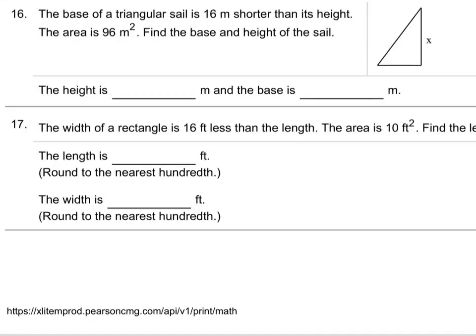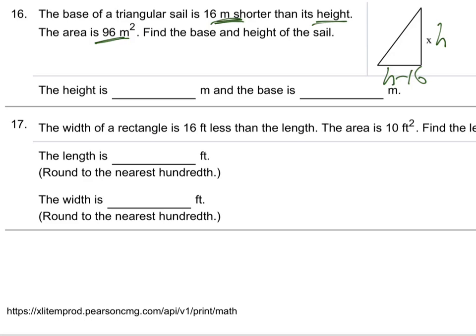Okay, number 16. The base of a triangle is 16 meters shorter than its height. The area is 96. So over here I'll make the height h, and the base is h minus 16, right? 16 shorter.